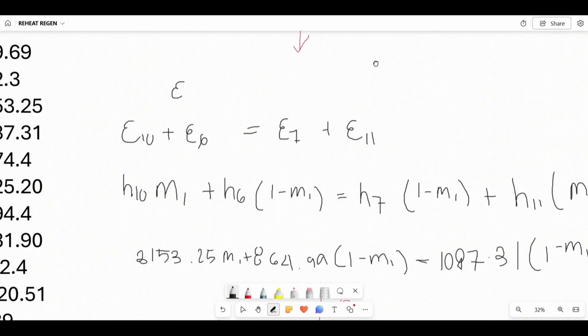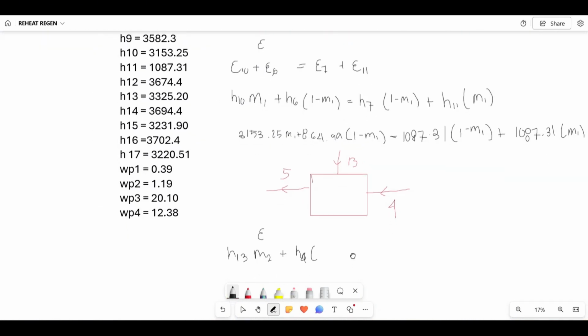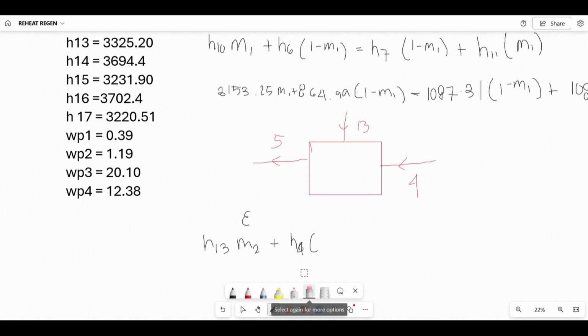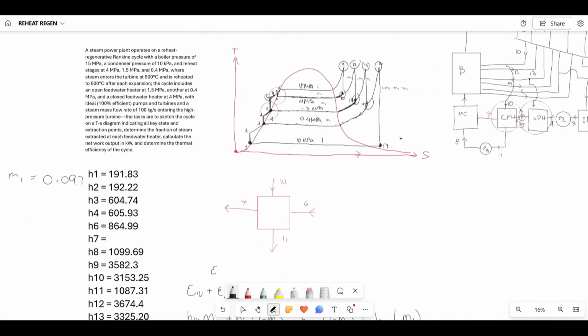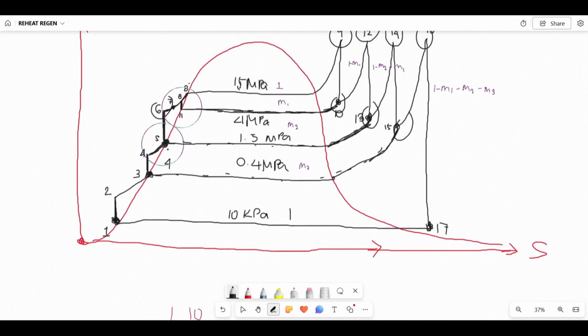So, H4 is equal to H3 times 1 minus mass 1 minus mass 2. Why? Look at 4.